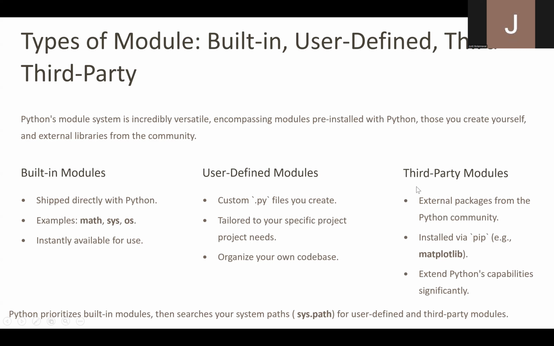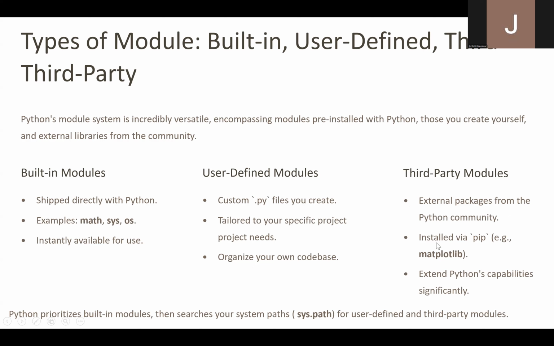Then third party modules. Third party modules are external libraries from the community. That means somebody already created them, and then you can use them. They are external packages from the Python developers community. Then how can we use these external or third party modules?